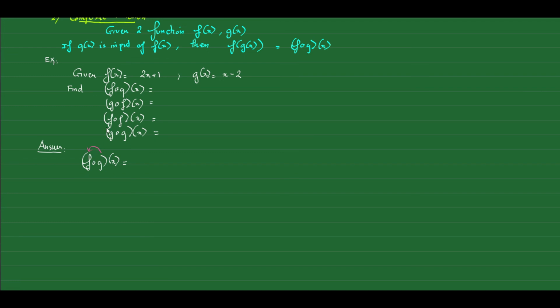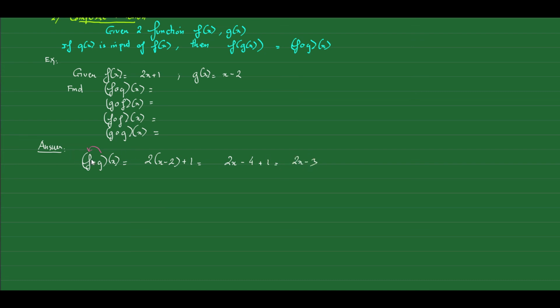So g goes into f. You will have 2, yeah, 2 is still there, and you throw the x away and replace it with g, which is x minus 2, plus 1. So you have 2x minus 4 plus 1, which is 2x minus 3.